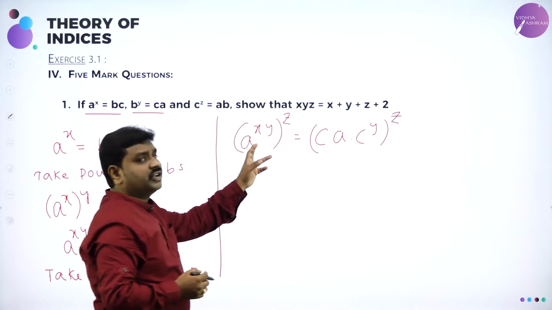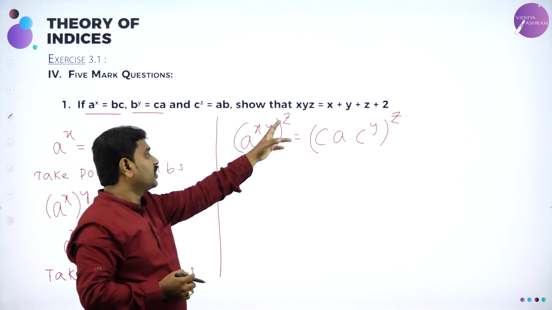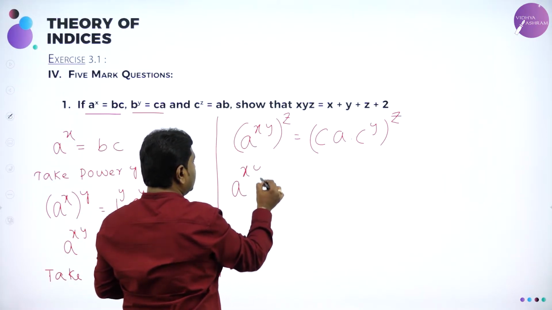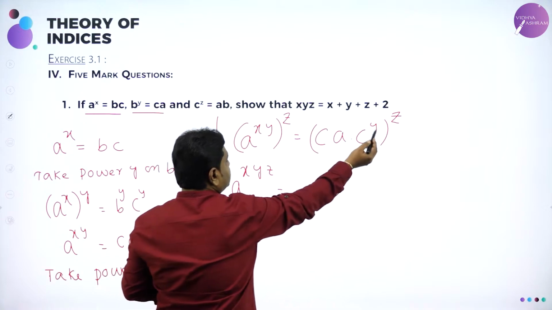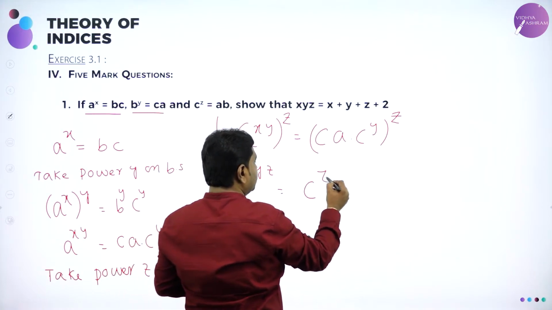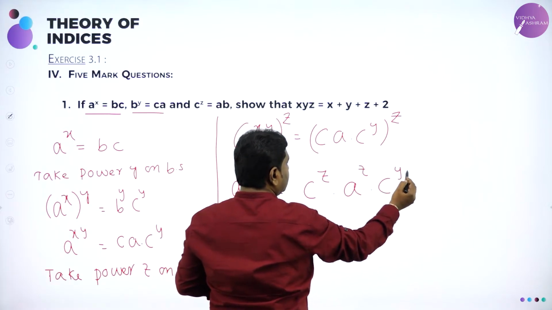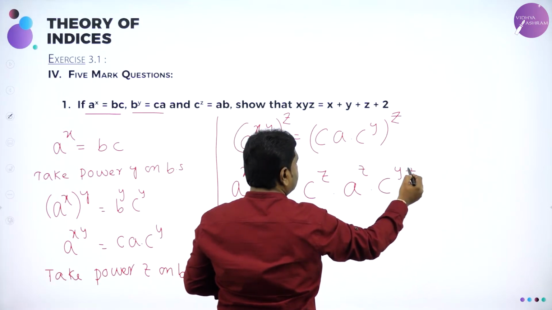So now law of indices, a power m whole power n is a power m into n. So this will become a power x into y into z. So now take z inside, so it will become c power z, a power z, c power y into z.